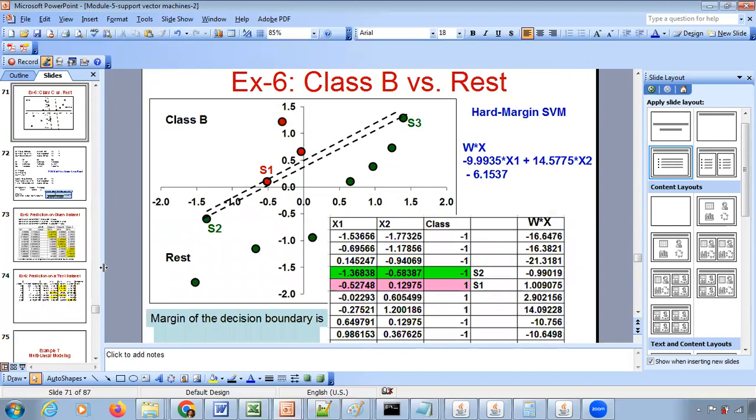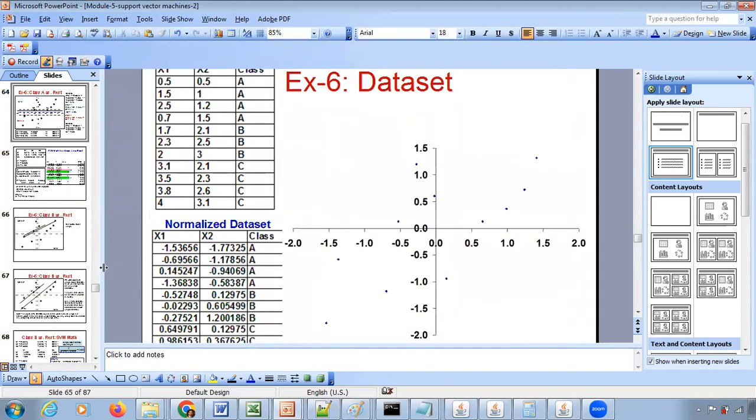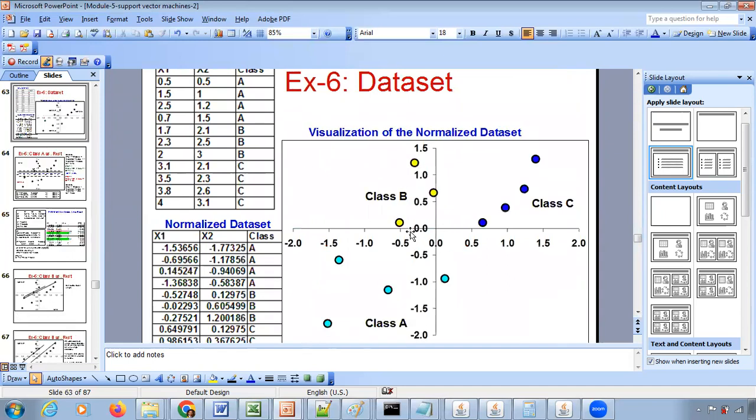It's kind of something like this. Let me make a different color so that there's no confusion. So this is a test data point.